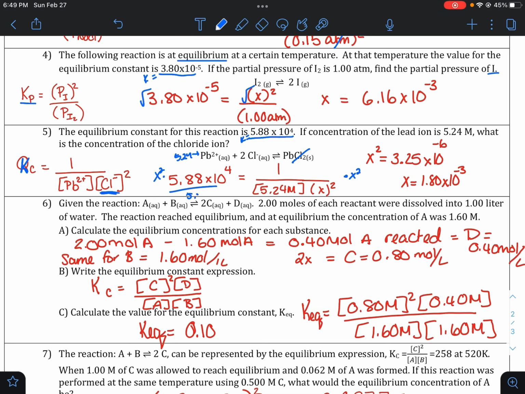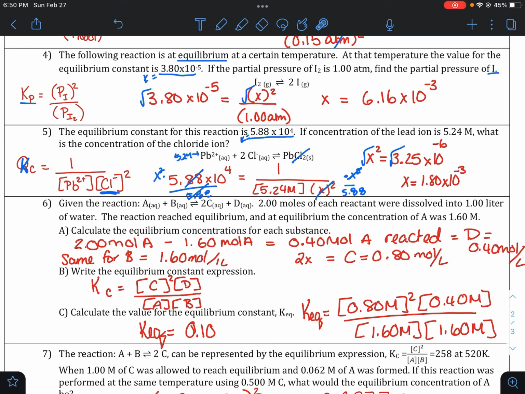And then you divide by 5.88. Okay, divide by 5.88. So what happens is that cancels with that, and that cancels with that, and we turn this into that expression right there. X squared is equal to that value. Then again, how do we get x by itself? We take the square root. That's our final answer. Okay.